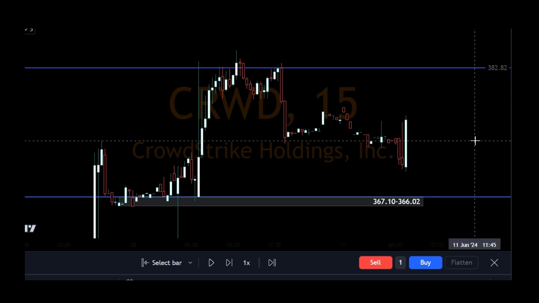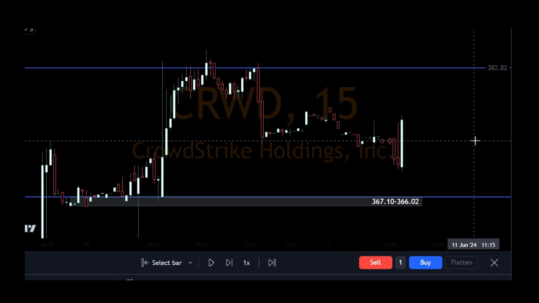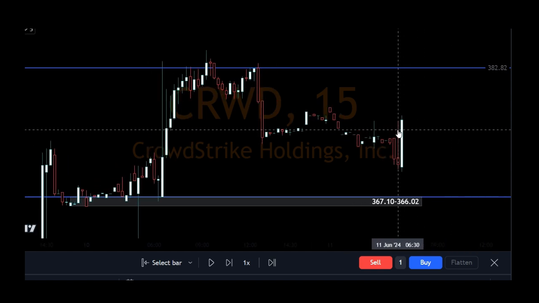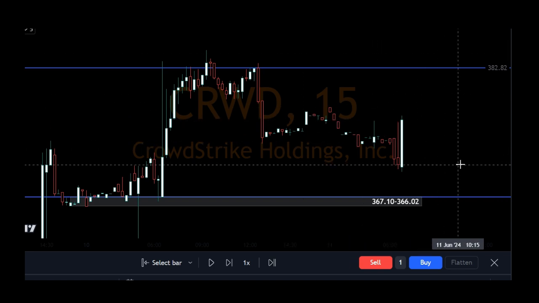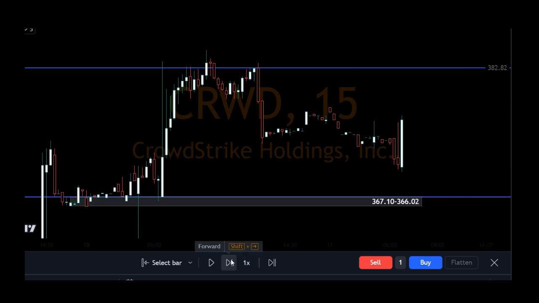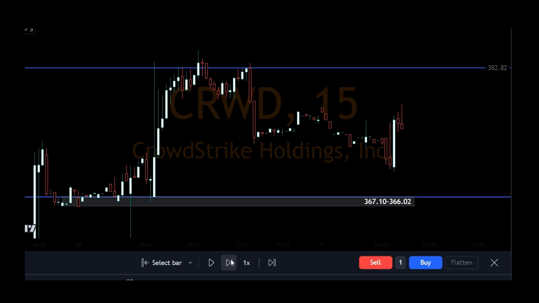When you see this big bullish candle that has closed above the high of the previous, there's something there. Now you could wait. We can still keep on waiting for these levels to hit. I'll show you something else at the end, but let's just continue.